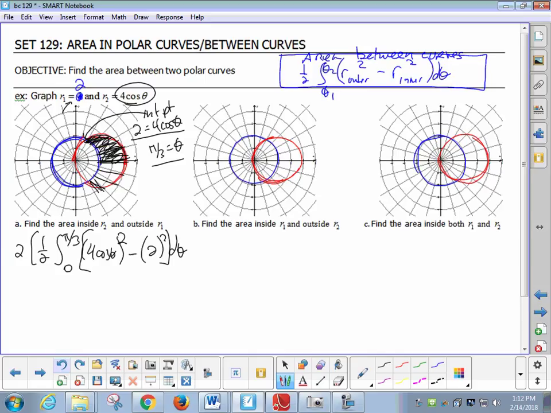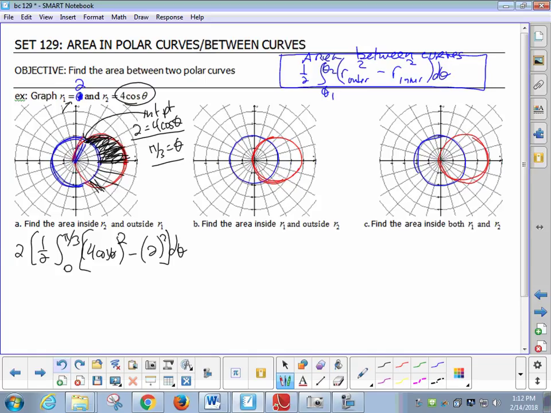Why couldn't you just say all the way up to pi over 2 and then subtract, because then wouldn't you still be subtracting that little center part where there is no spokey stuff? Good question. Could we just go pi over 2, because that would be here, here, here. So what if I did go to pi over 2?